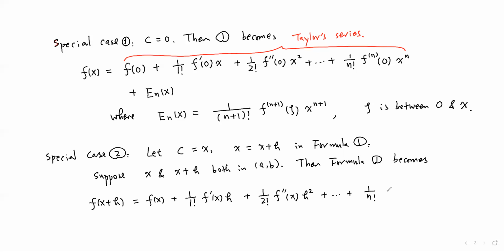And 1 over n factorial f n derivative, okay, times h to the n, then plus the error term.